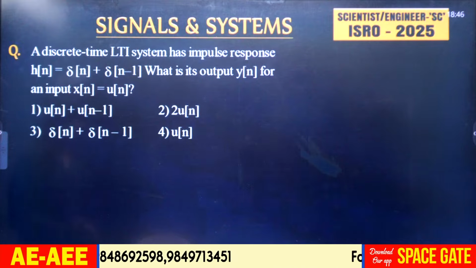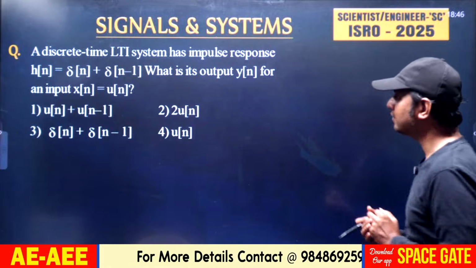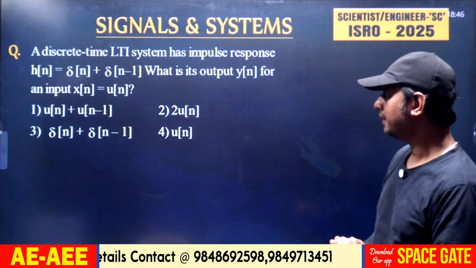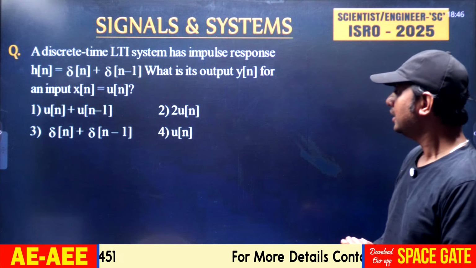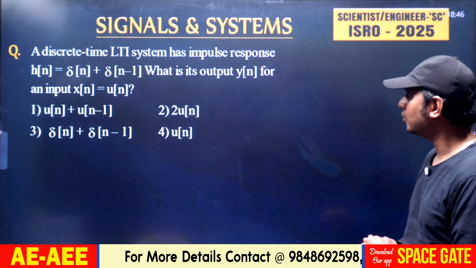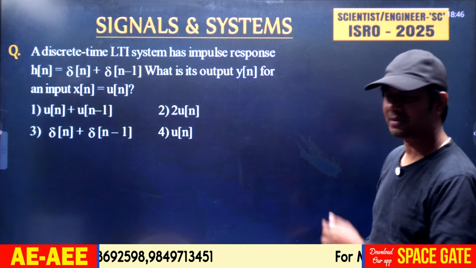This is the next question. A discrete time LTI system has impulse response h of n, which is given by del of n plus del of n minus 1, and he is asking what is its output y of n for an input x of n is equal to u of n? Very simple question.